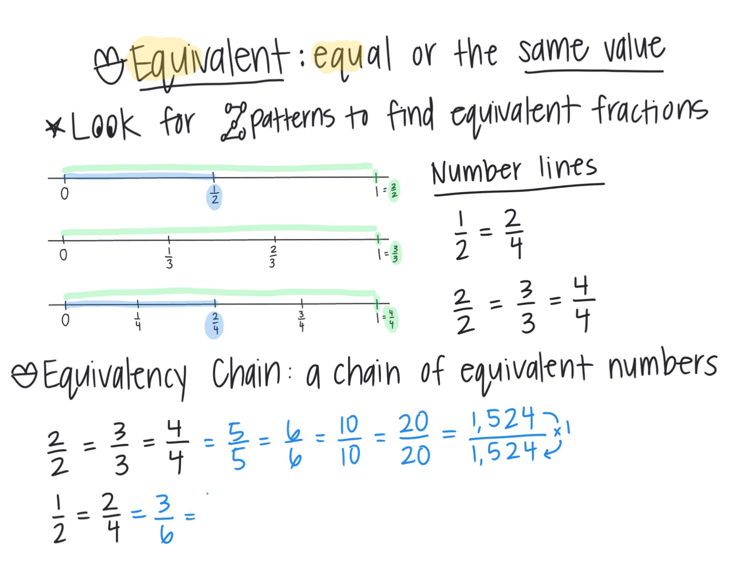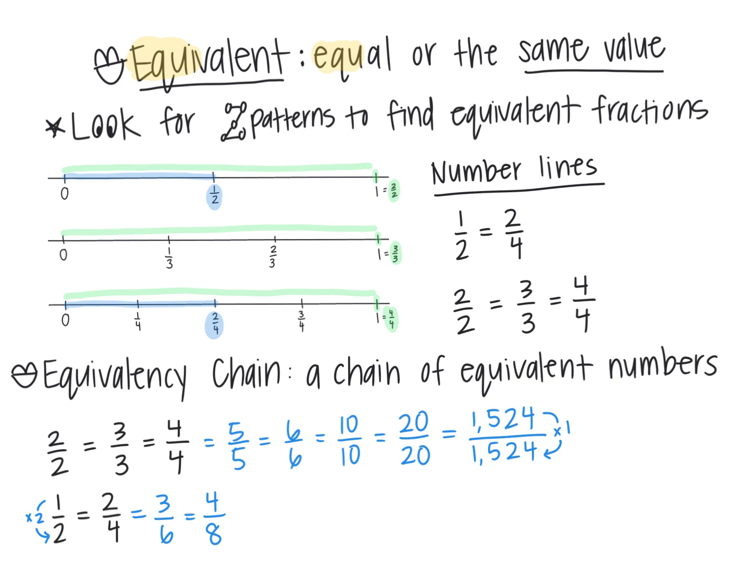Then what if I did 4 at the top? 4 is half of 8. I'm finding the pattern. So I know that I take the numerator, I multiply it by 2, and then I get the denominator. That's the pattern that I found to find equivalent fractions.